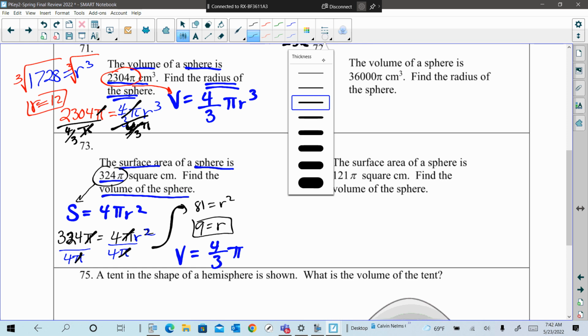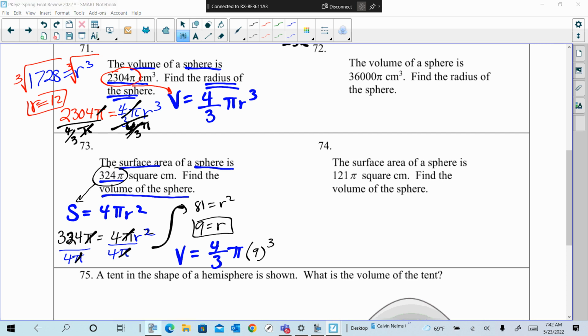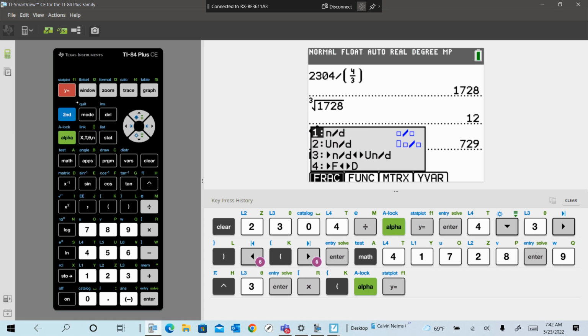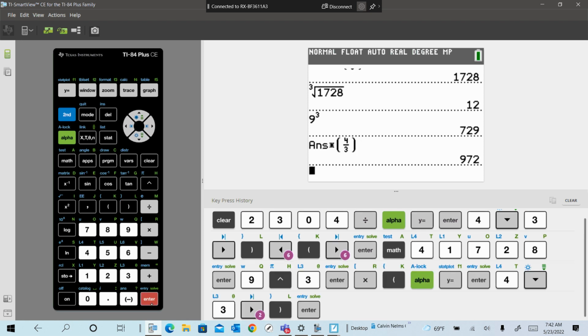We substitute that radius, which is 9, and do 9 cubed first, and then multiply it by 4/3. Keep it in terms of pi: 972 pi.